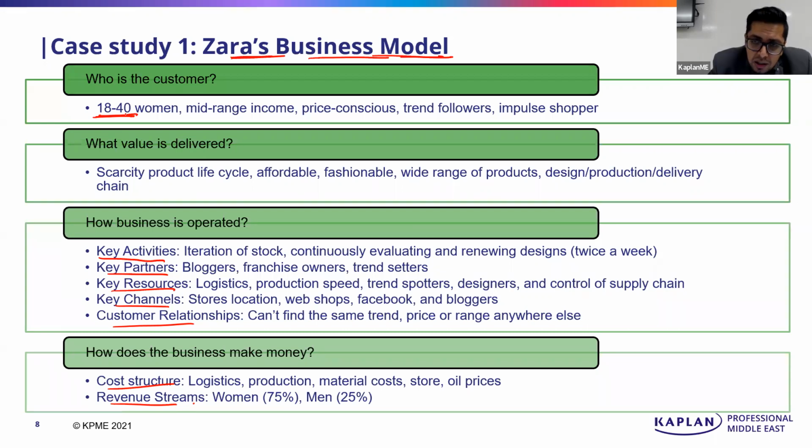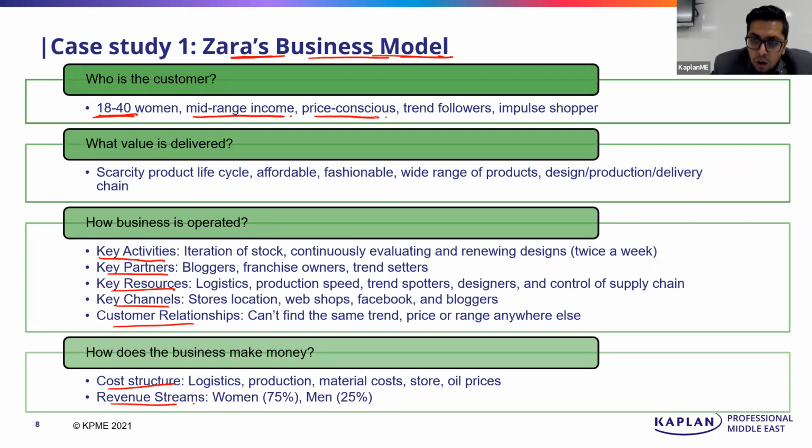Zara has these new clothes and accessories at their store at an affordable price, so even mid-range income women are able to come to these stores and buy the clothes and other accessories, right? Zara is targeting the mid-range income group who are price conscious.